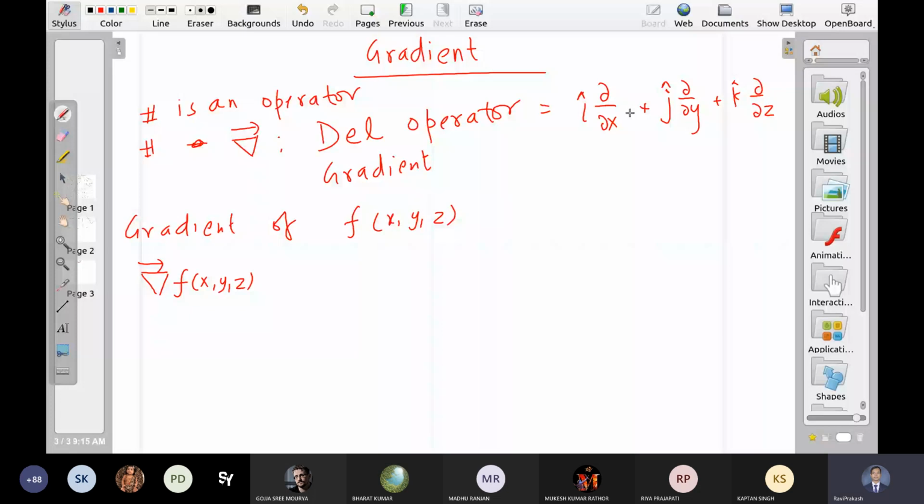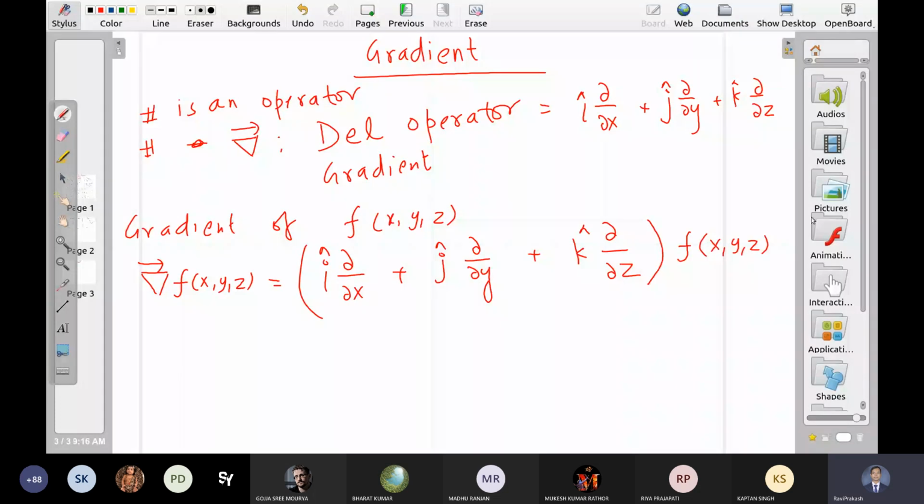So what is this quantity? This is I cap del over del x plus j cap del over del y plus k cap del over del z, operated on what? Some scalar function f(x, y, z). It can be any function, whatever you want. It should be continuous so that you can define all these derivatives.